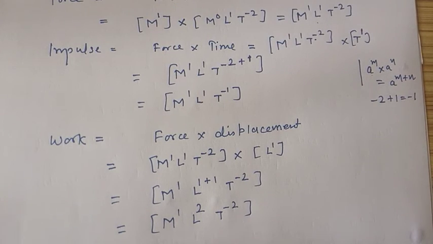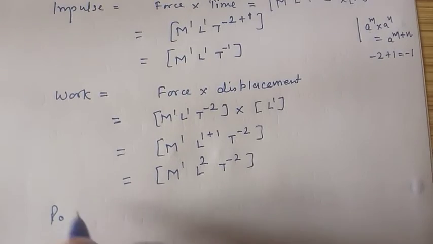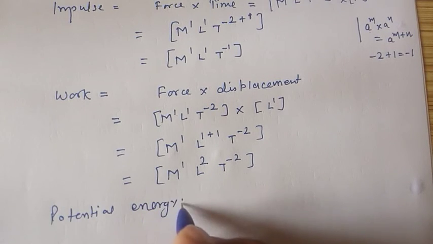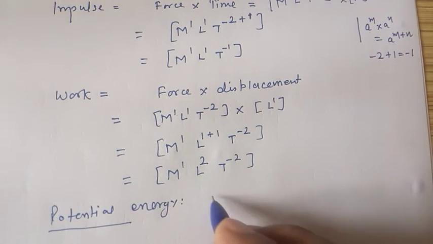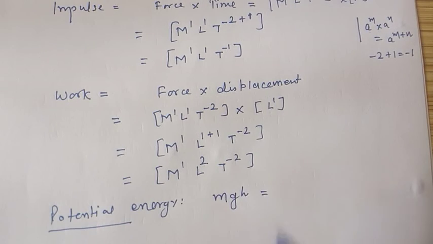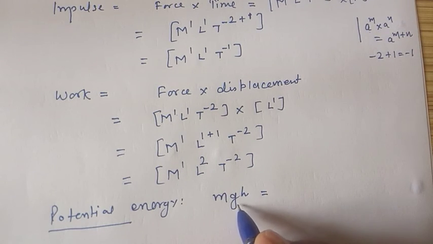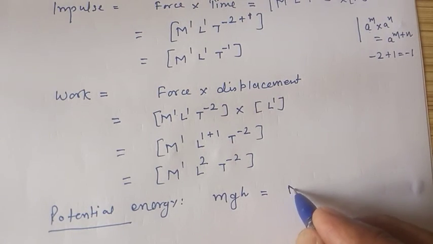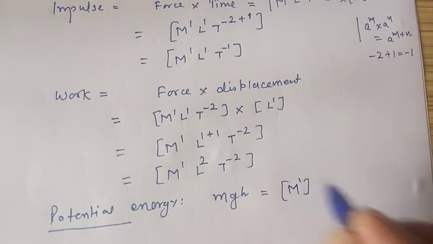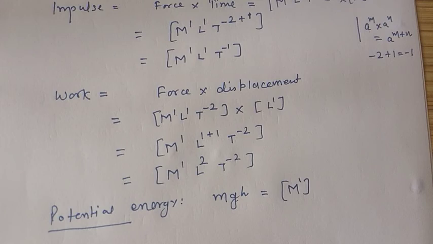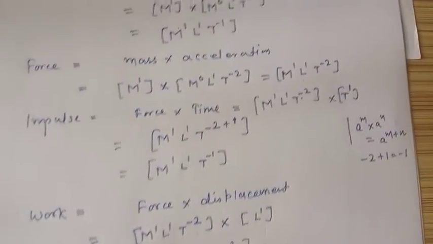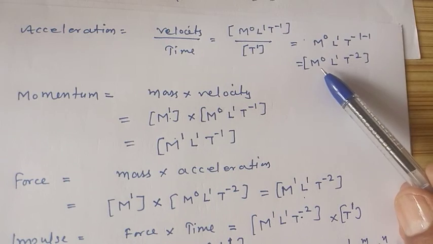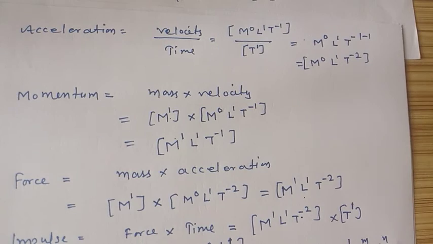Potential energy. Potential energy has the formula mgh. M for mass, g for acceleration due to gravity, and h for height. So mass has the dimensions of M power 1. Acceleration we have calculated, you can directly put here. Acceleration has the dimension formula M power 0, L power 1, T power minus 2.